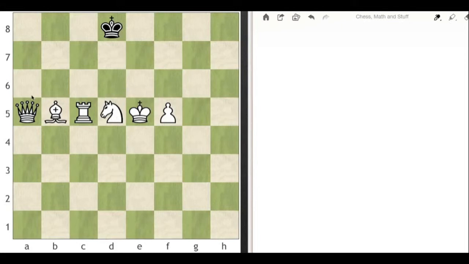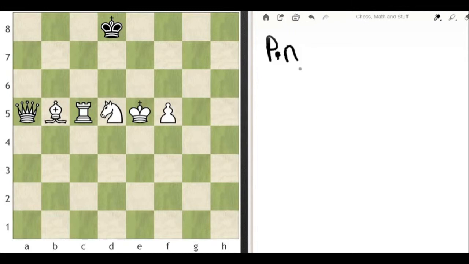Okay, so now we've got all the pieces on the board here. Now let's talk about how we would write notation for these pieces. It's really simple actually. For writing a move for a piece, we would just write the piece name. I'm going to write pn, piece name.